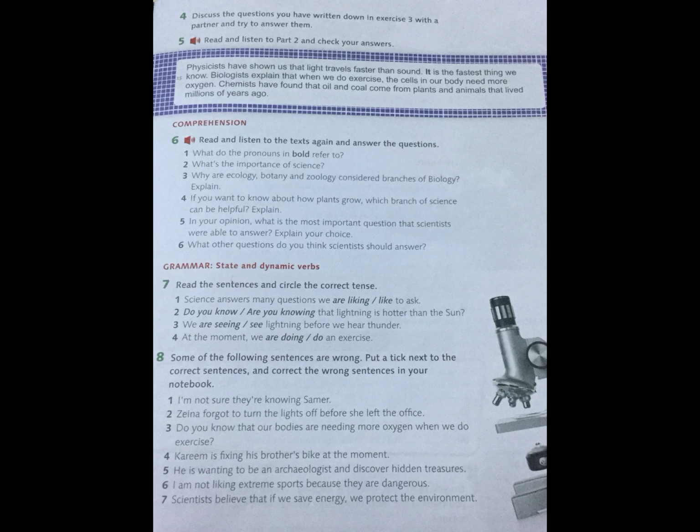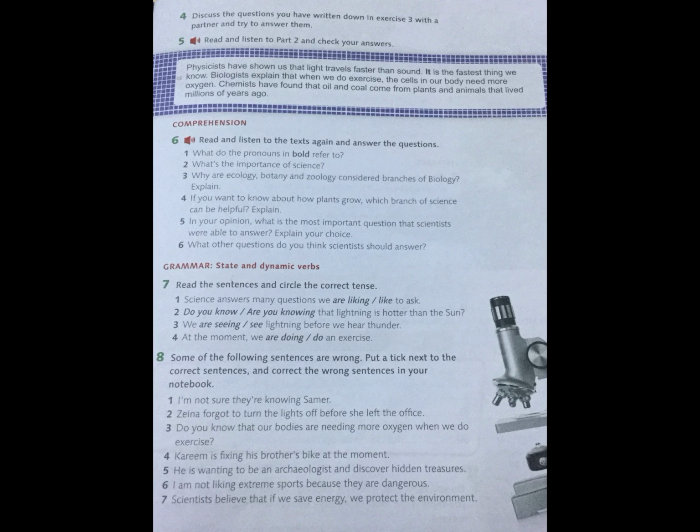Now here we have, discuss the questions that you have written in exercise 3. No, we didn't do that one. And 4, read and listen to part 2 and check your answers. Also, we're going to skip that, so we're just going to read this small article.